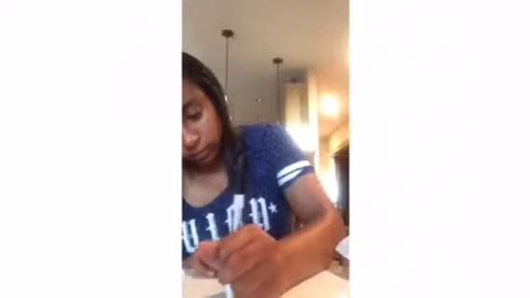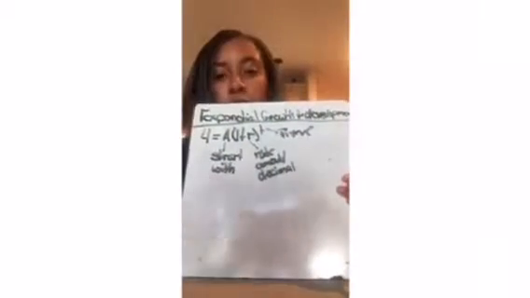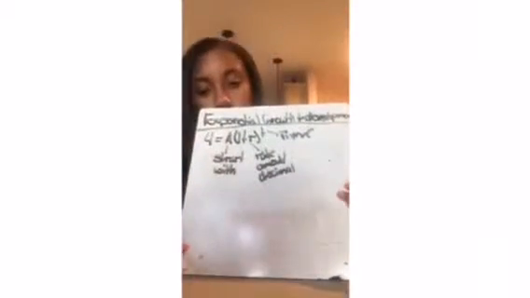R equals the rate, as a decimal. And t equals the time. So once you understand that, you basically understand exponential growth and decay.